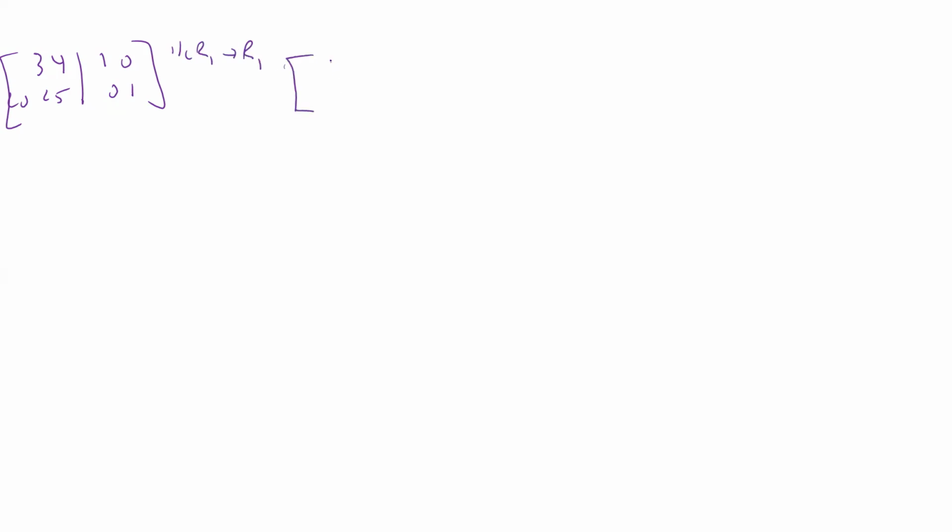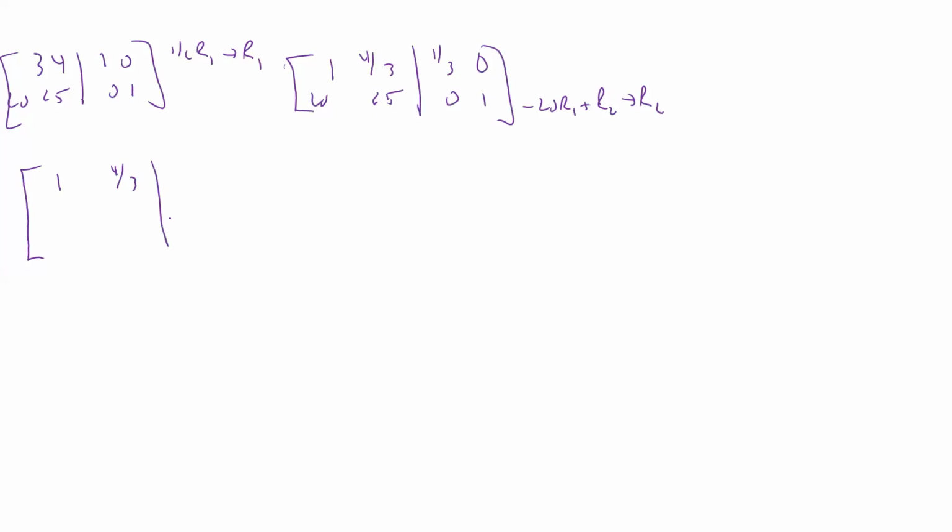So I'm going to have 1, 4/3, 1/3, 0. And then I'll still have 20, 25, 0, 1. All right, so now I'll take minus 20 row 1 plus row 2, and that's going to be my new row 2.